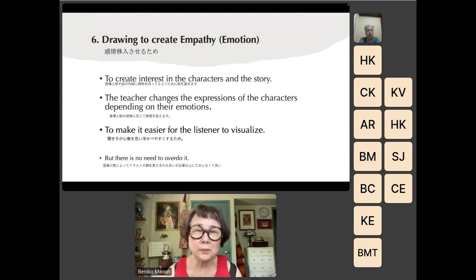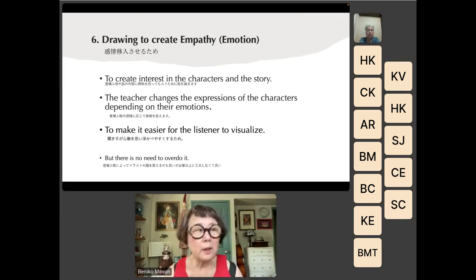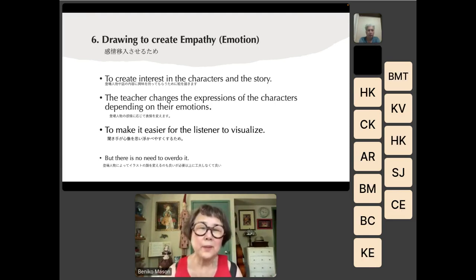And then I changed the picture of the woman from the regular face to a sad face. So to create interest in the characters and the story, the teacher changes the expression of the characters depending on their emotions. So if the person is a very cunning person, then I draw a picture of a person who could be not very nice.